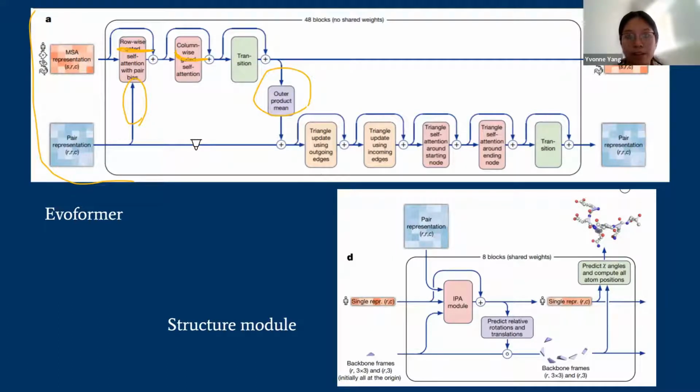And then in the pair representation, this is a really interesting thing in AlphaFold, I think, which raised a lot of doubts in the more traditional biologists and chemists, which is this triangle update. The justification behind that is it's all about the triangle inequality.